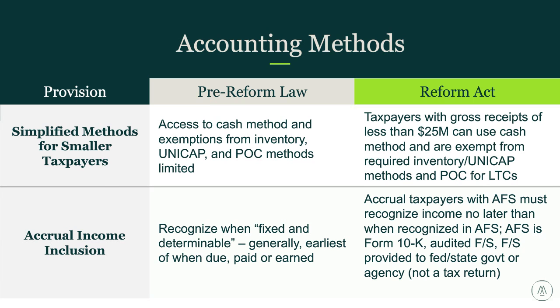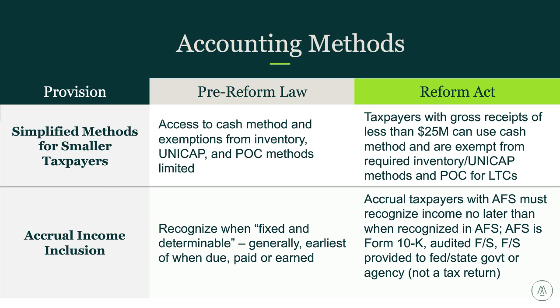And a third one is that the threshold for the requirement for taxpayers to use the percentage of completion method for long-term contracts has increased, and that went from $10 million to $25 million. And we think all three of these key changes could be very beneficial to those small to medium-sized aerospace companies, since a lot of them do carry high inventory and a lot do have long-term contracts.